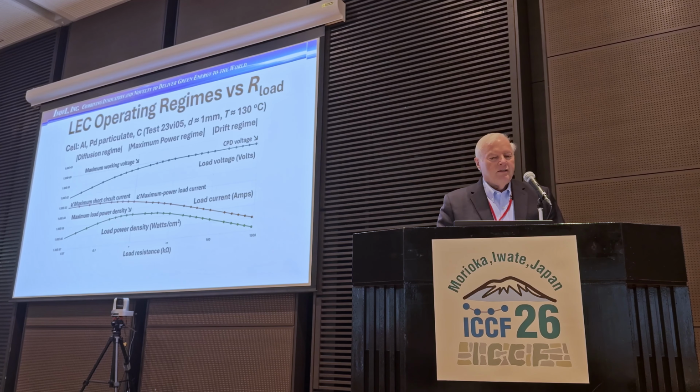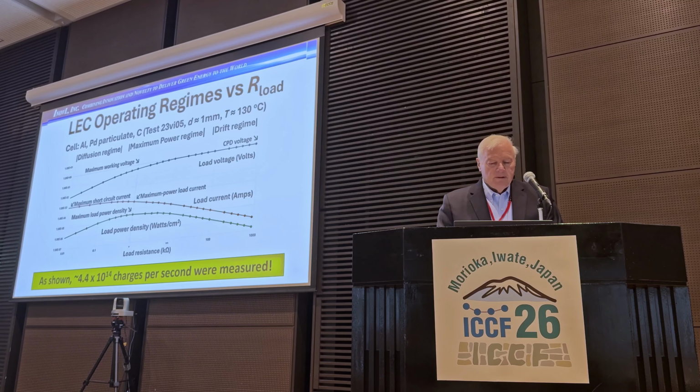I'll mention this again later, but it ends up being a safe device. The maximum power output is at about the midpoint between the diffusion and the drift of the ions in the gas. One of the points I want to make, and this is another thing that hit us in the head when we realized it, is that we're producing just under 1 milliamp of current here at the far left.